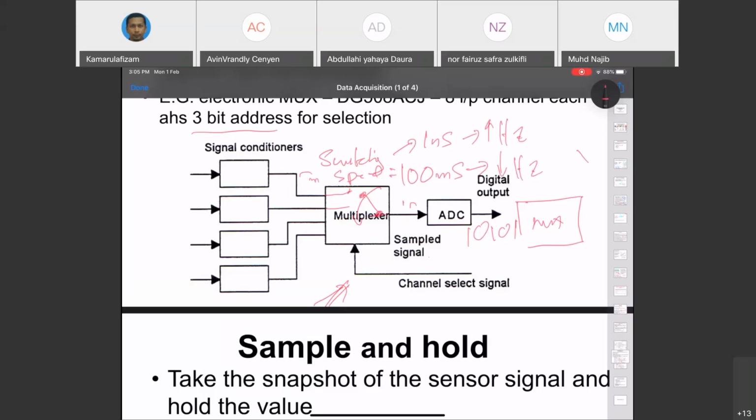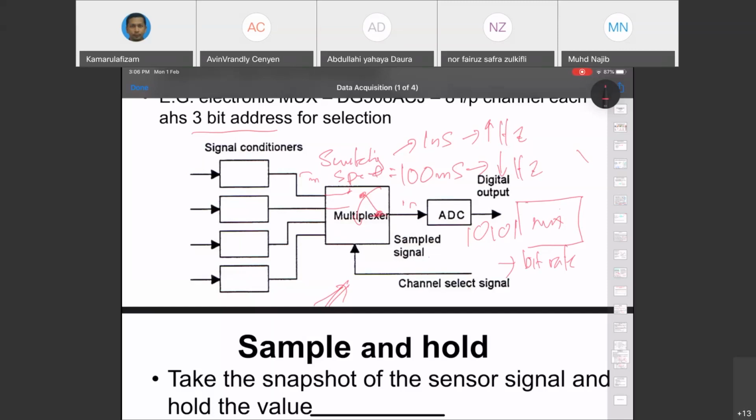Whereas for digital muxes, you are looking at the bit rate as the measurement of rate of conversion, meaning that these muxes can switch how many bits per second, for example. So you have to know your bit rate before you can select the mux.